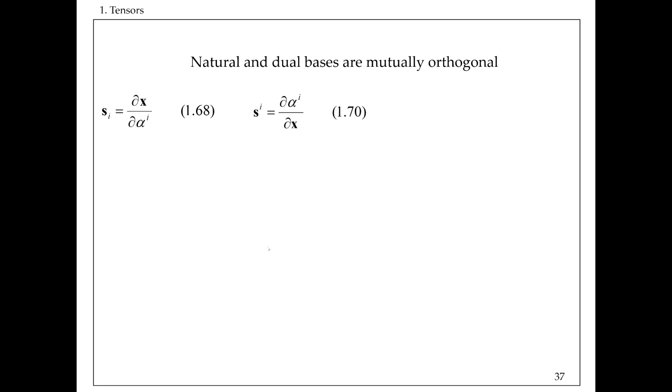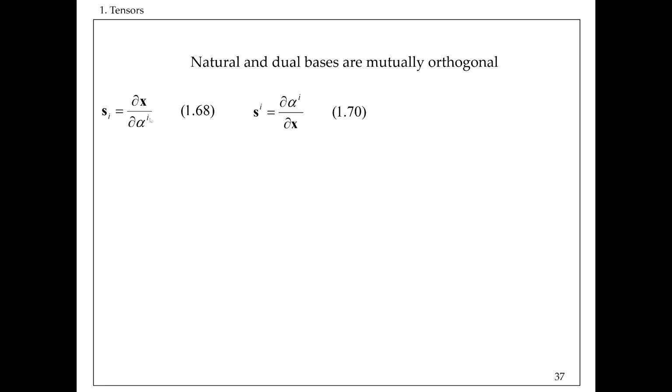Okay, and actually you can see it right away, because if you put a dot product between them here, it can be read as the chain rule when you take the derivative. So x can disappear, and that will be just d alpha^i divided by d alpha.